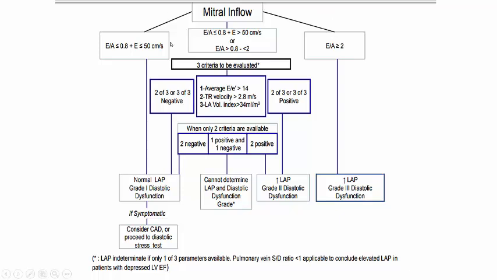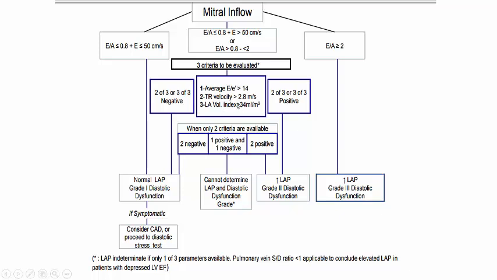But if the E over A ratio is between 0.8 and 2, or if the E over A ratio is less than or equal to 0.8 but the E wave velocity is high, more than 50 centimeters per second, in this situation, to accurately determine the grade of the diastolic dysfunction, you should, according to this guideline, check 3 parameters: first, E over E prime, second, tricuspid regurgitation velocity, and third, left atrial volume index.